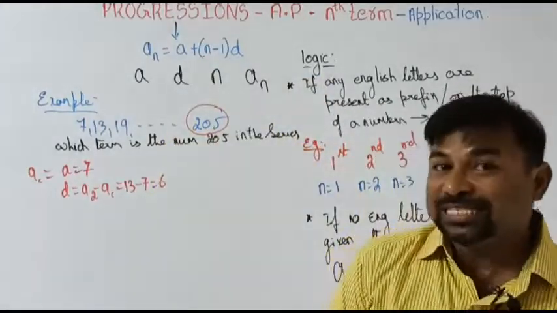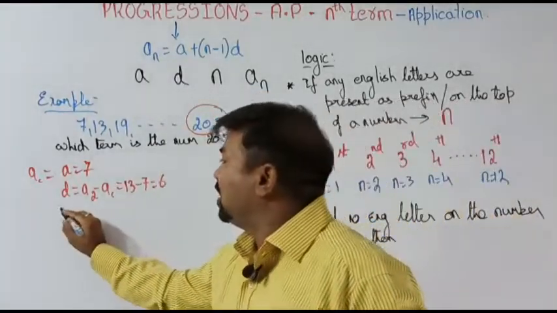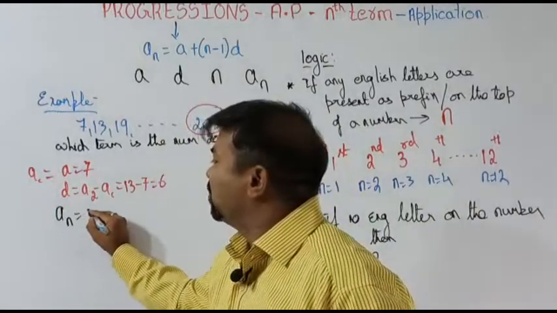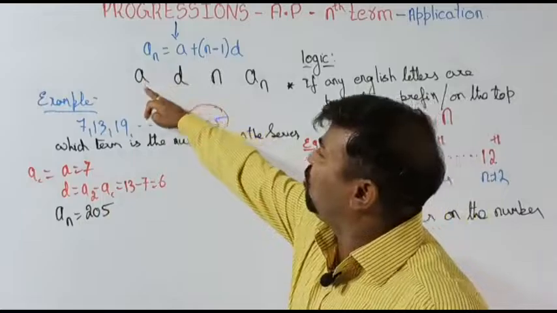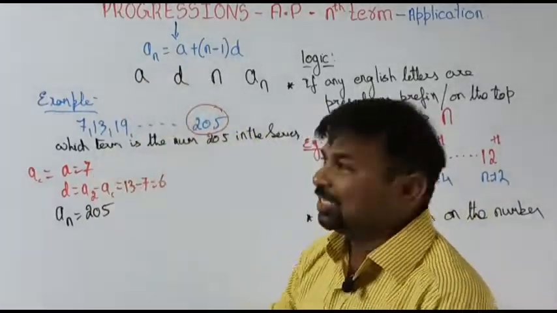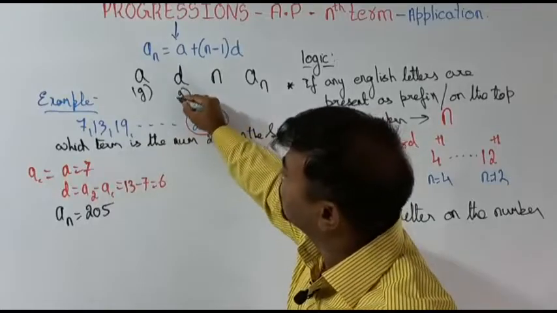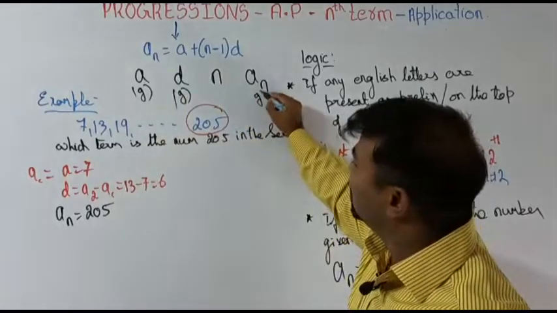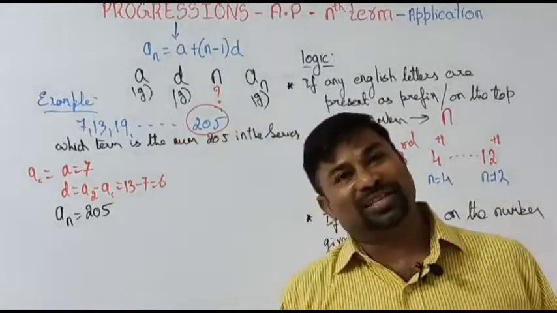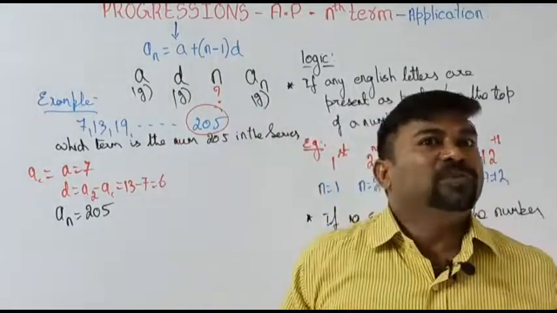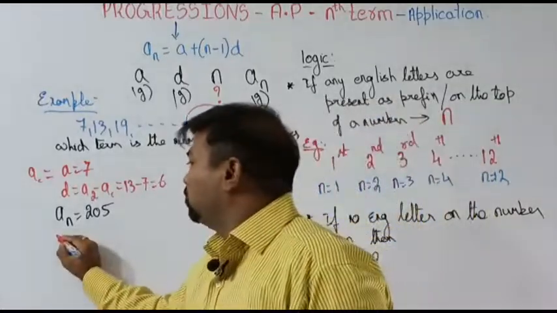No. As it does not have any English letter on the top, straight away take it in the place of an. Now, a we got, d we got, and n is the question. So now simplify that and get the value of n. Let me go for the formula.